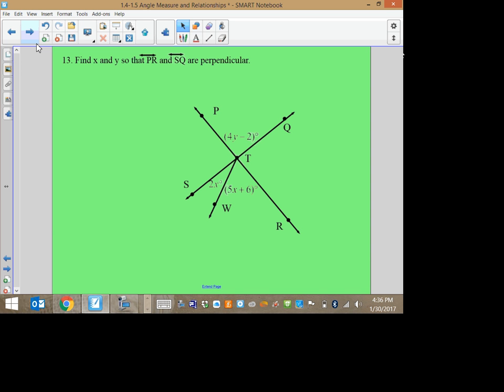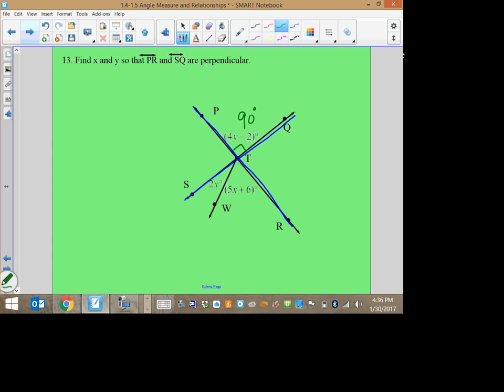Now we're going to find x and y so that lines PR and SQ are perpendicular. We're going to start by solving for y. We want PR and SQ to be perpendicular. That means that this angle right here has to be a right angle adding up to 90 degrees.